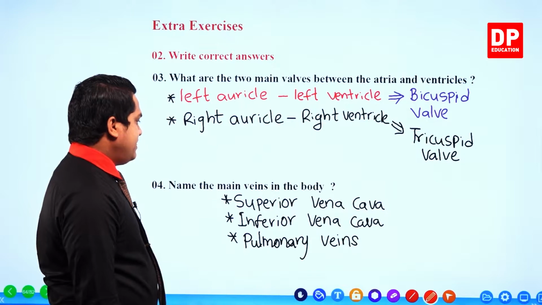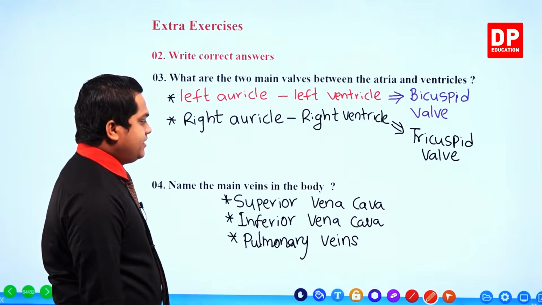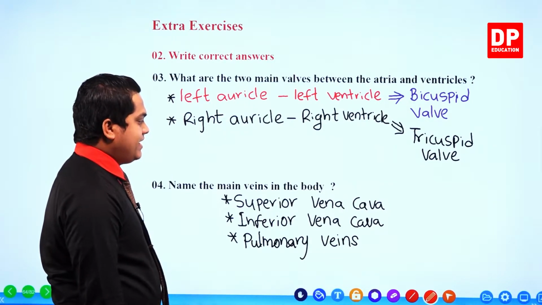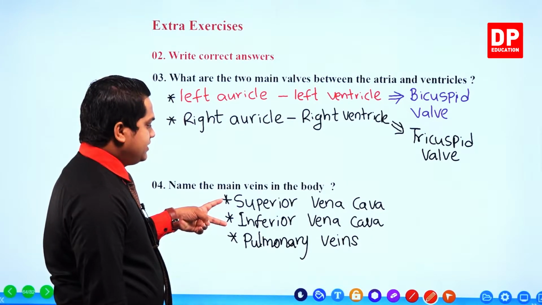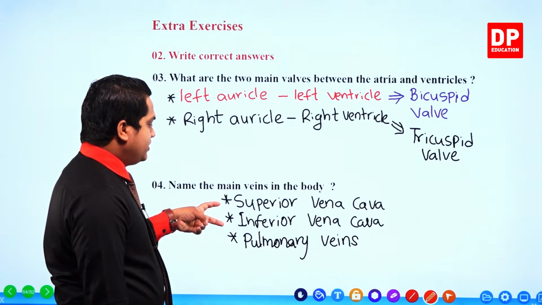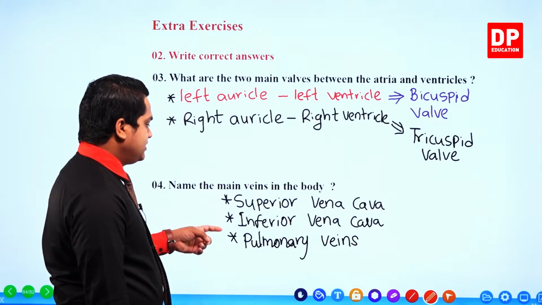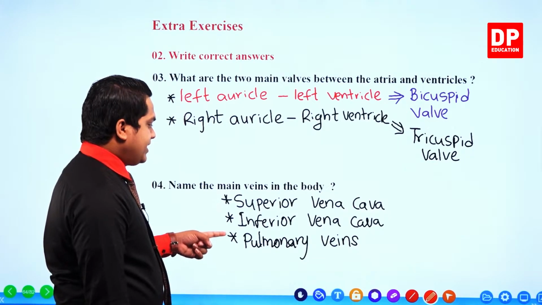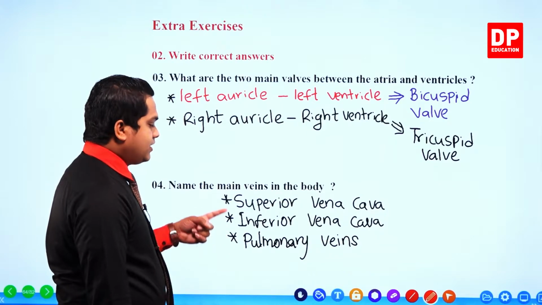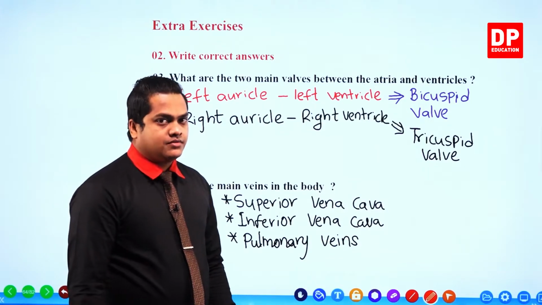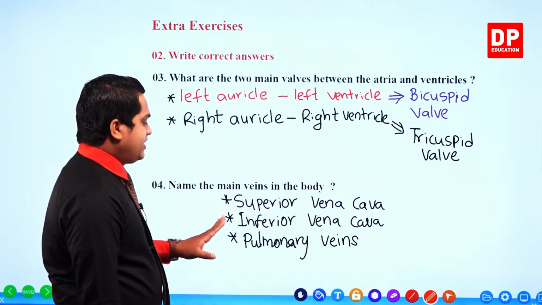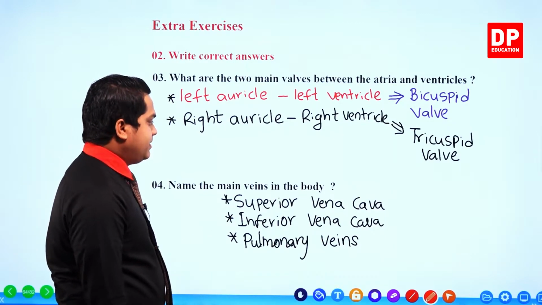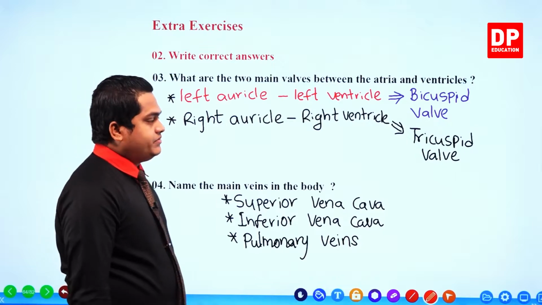So these are the main veins that can be observed within the body. The two vena cavas carry blood towards the heart from body organs. The pulmonary vein carries blood towards the heart from the lungs.